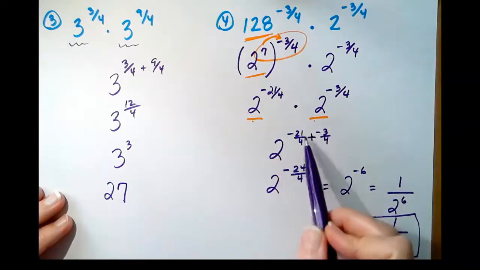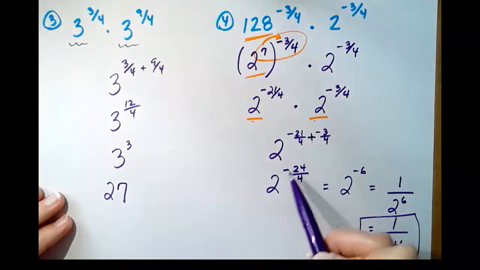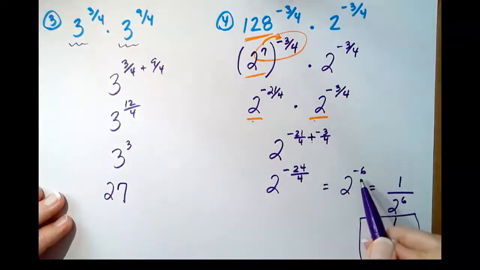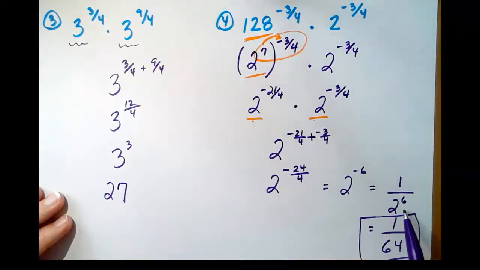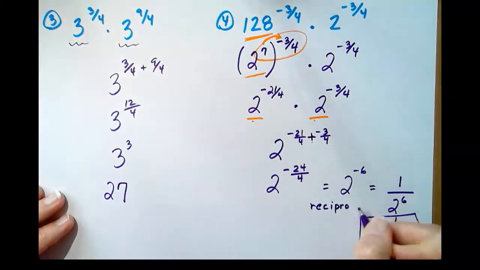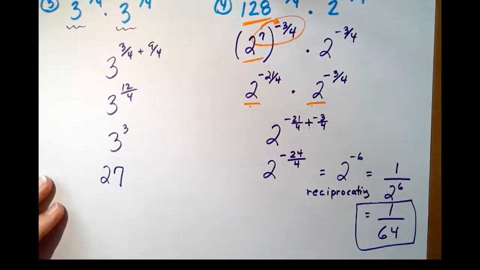So we've got 2 to the negative 21/4 plus negative 3/4. That is negative 24 over 4. And then do the division. We get negative 6. 1 over 2 to the 6. Remember, we are reciprocating the fraction, 1 over 2 to the 6. And 2 to the 6 is equal to 64.